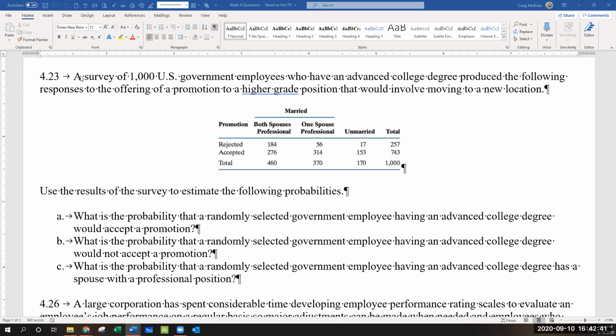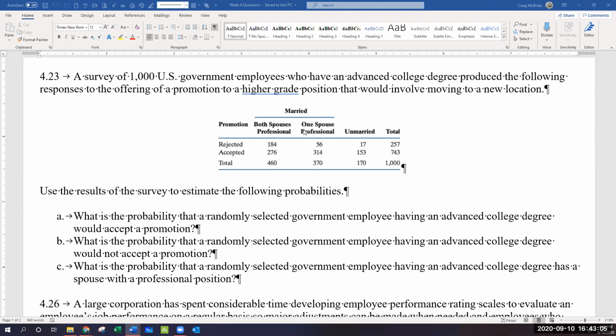Well, as we just heard, if you read the whole thing, we've got 1,000 government employees who have an advanced college degree, right? So all 1,000 employees have an advanced degree. These numbers up here represent whether or not their spouse does, right? Whether or not their spouse is professional or not.